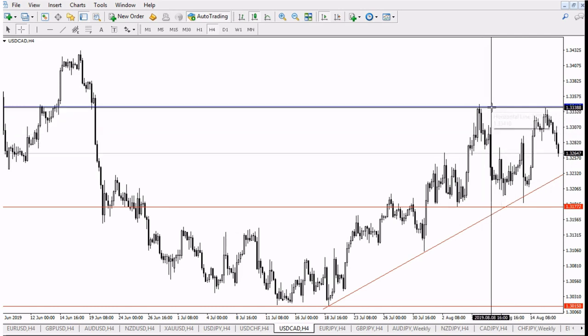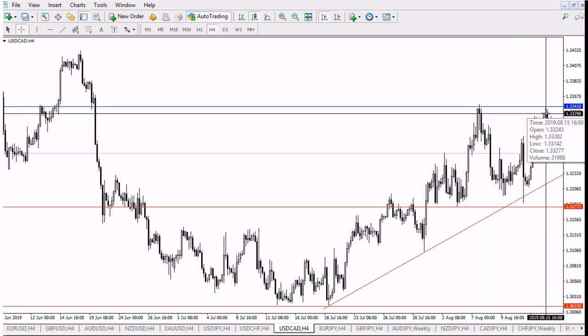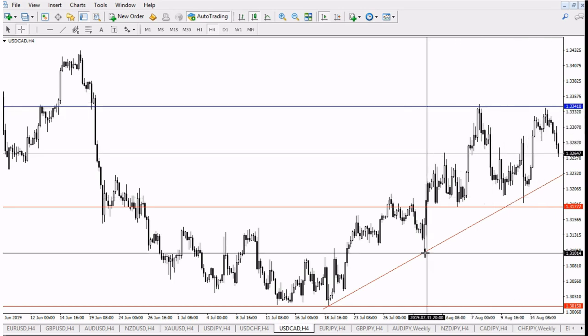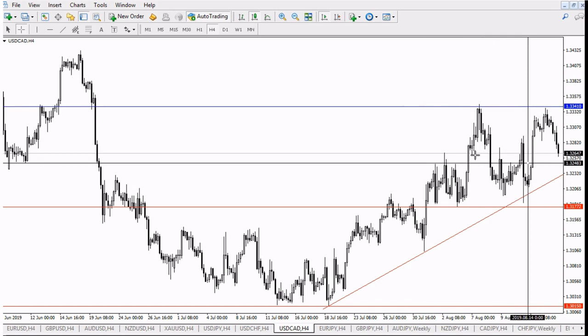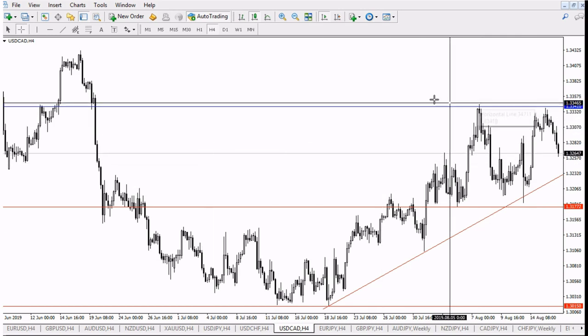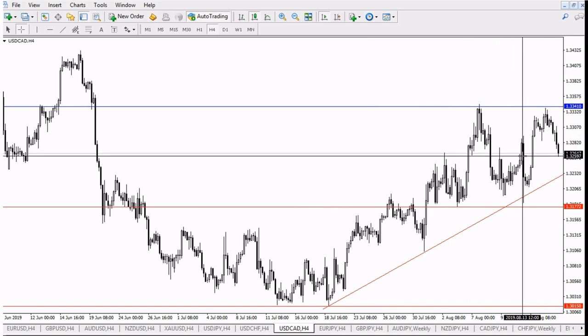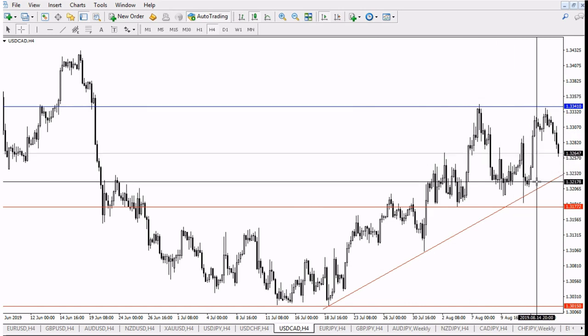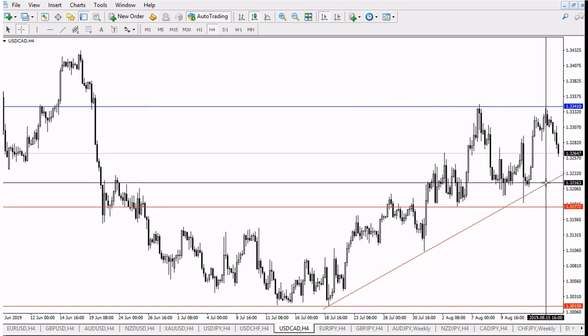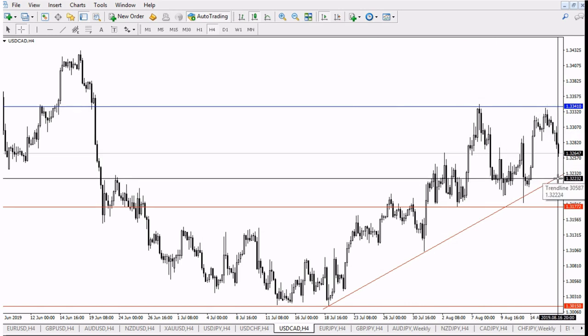So this means, based on price and time, the market failed to make another high which would have maintained this uptrend. So my bearish view on the USD CAD still remains intact. Below this trend line, my bearish confirmation would come.